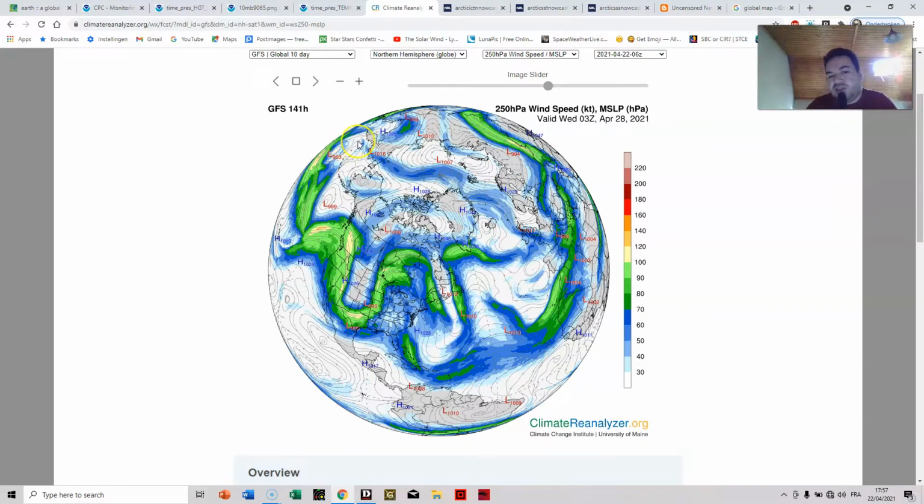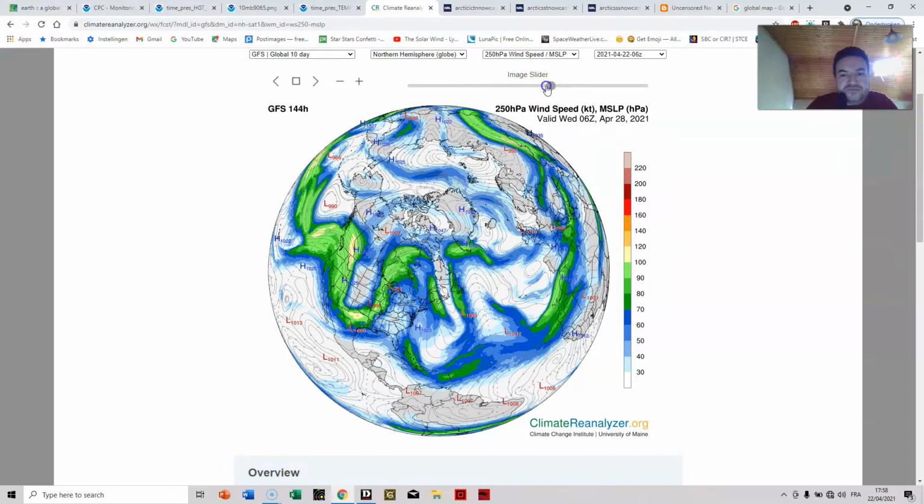So it basically wants to split in two. We see this, and this is definitely not a good thing. These low pressures are supposed to be circling around the Arctic, not strolling from one part of the northern hemisphere all the way to the other, to the mid-latitudes, not like this.